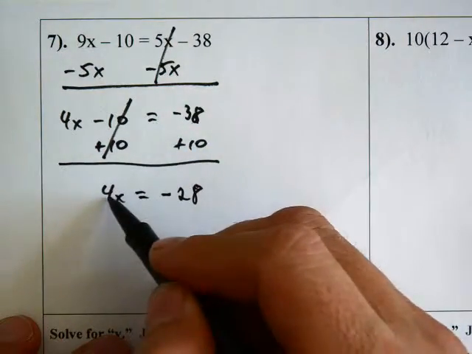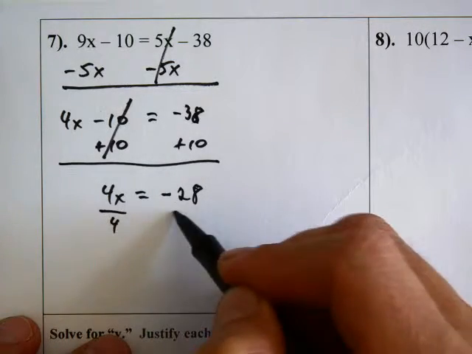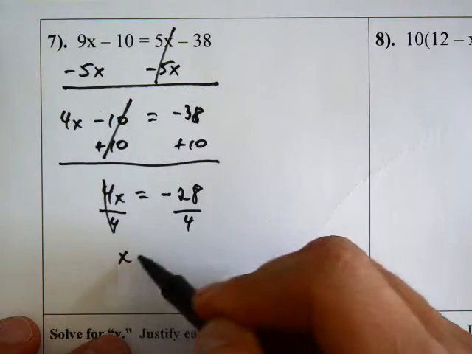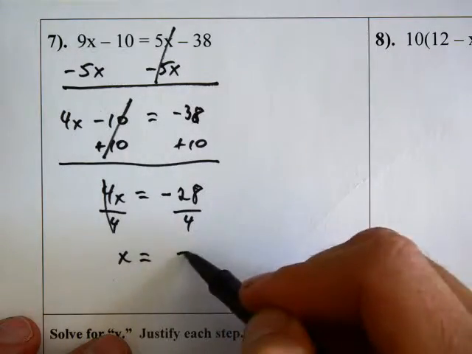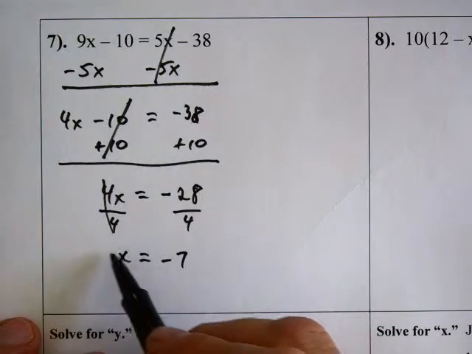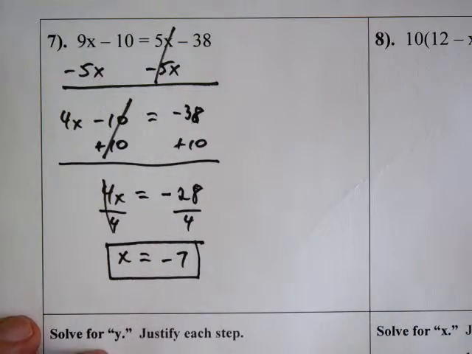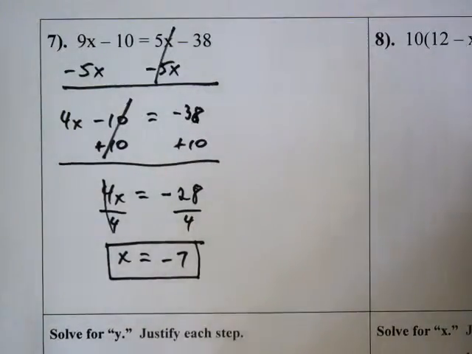Well, now it's 4 times x, which needs to be peeled away, so we're going to divide by 4 on both sides. So x equals, now here 28 divided by 4 is 7. A negative divided by a positive is negative. And you can double check that answer if you wish. I'll probably wait and check the next one.